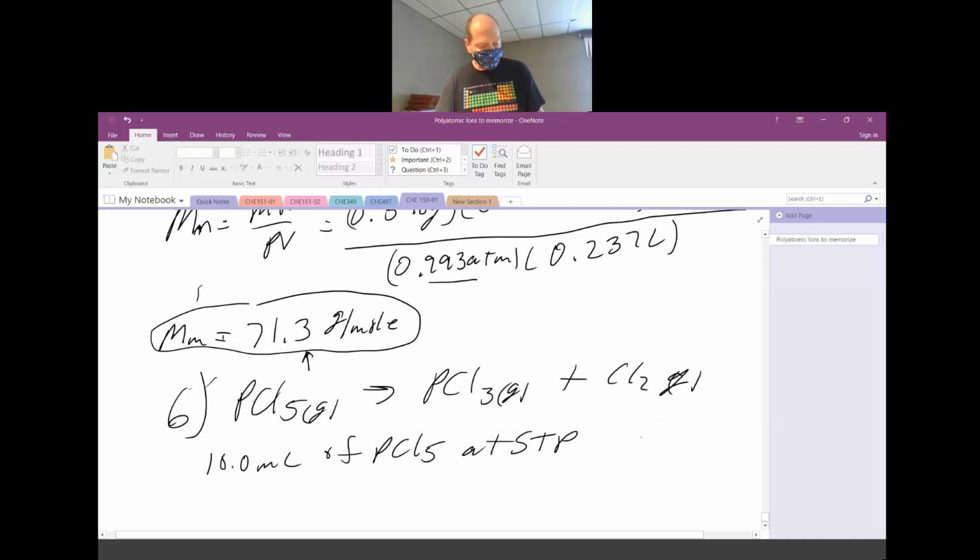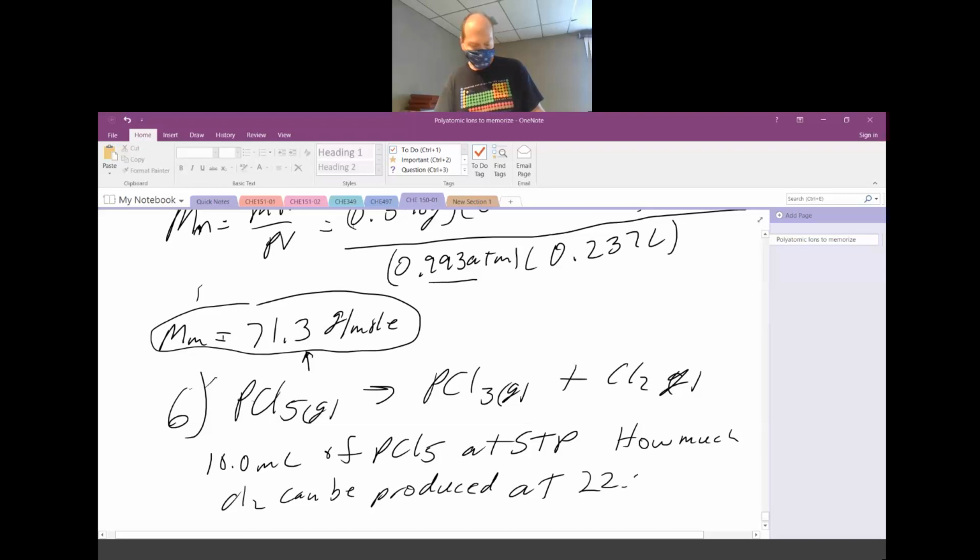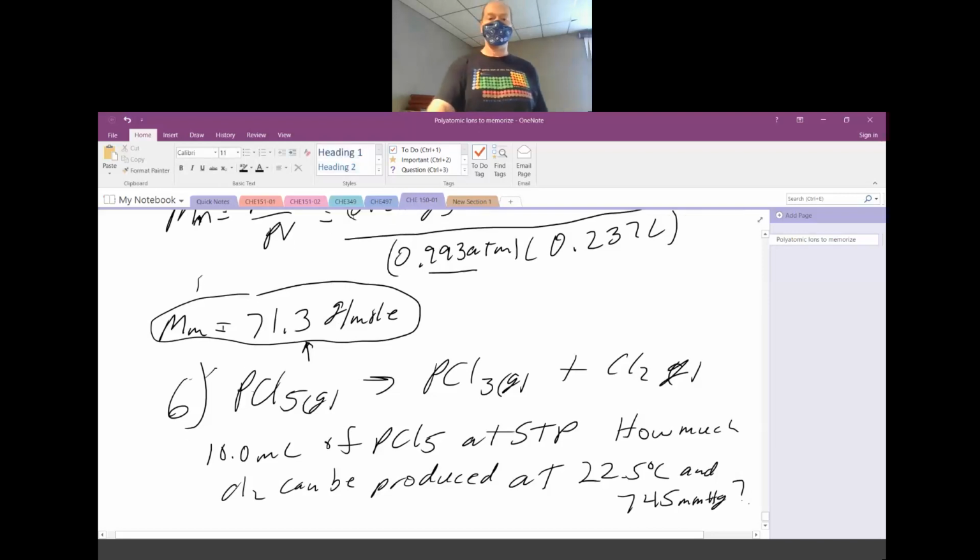How much Cl2 can be produced at 22.5 degrees Celsius and 745 millimeters of mercury? All right, so this is a good question.